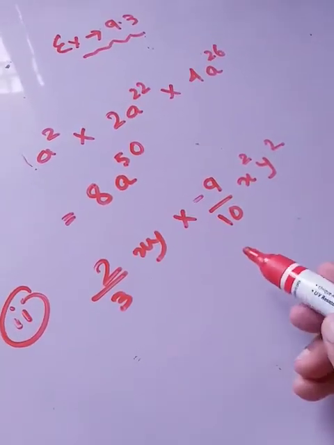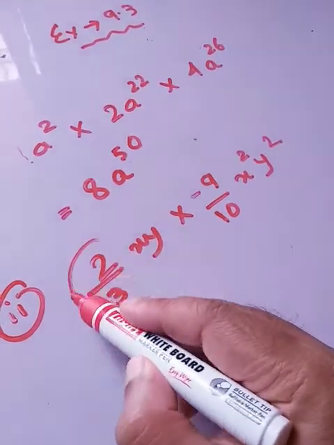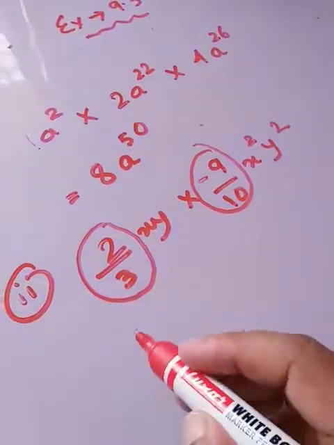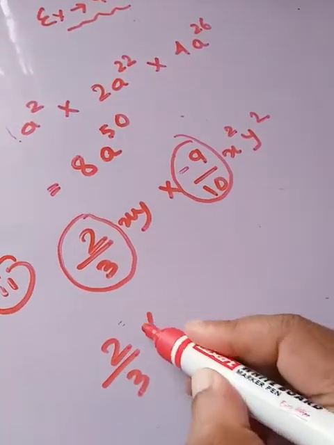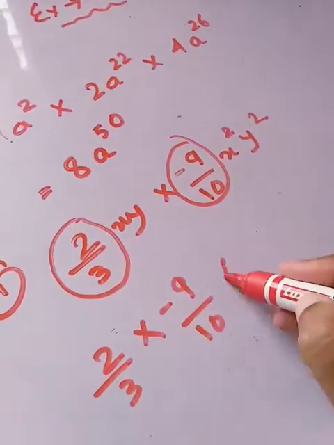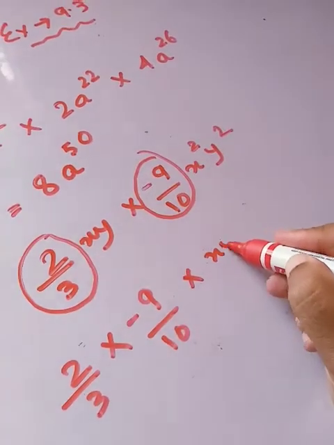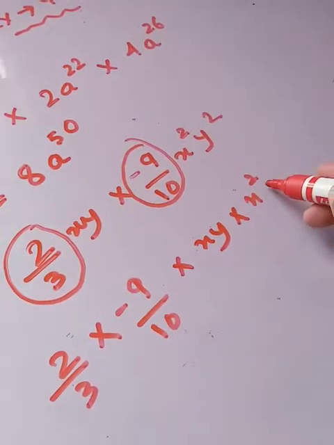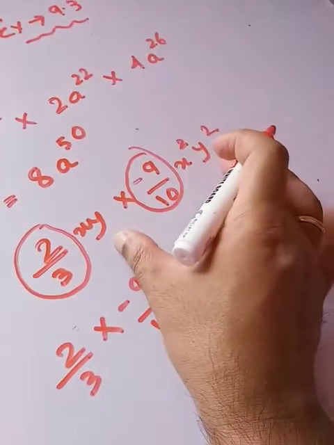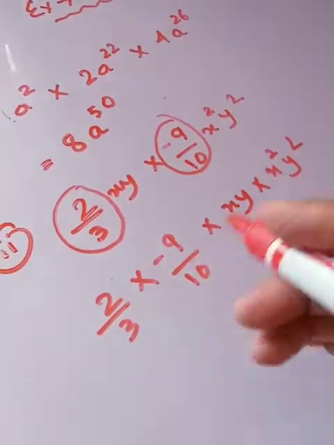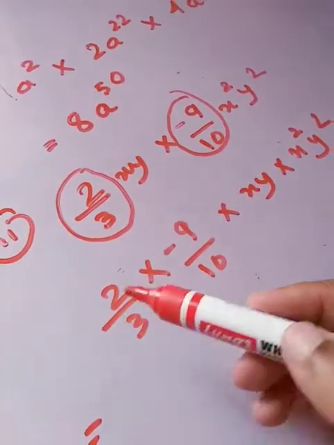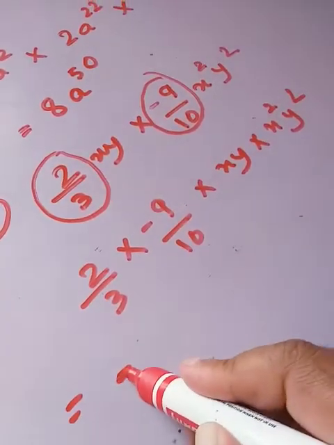Now in this type of sum, what you will do is bring these two fractional terms together, that is 2 by 3 into minus 9 by 10, and keep all the variables like this. Bring the variables together and the numbers together. Now we will multiply. What is the first rule? We have to multiply the sign, isn't it? So plus minus is minus.